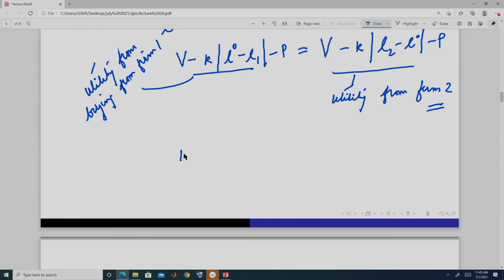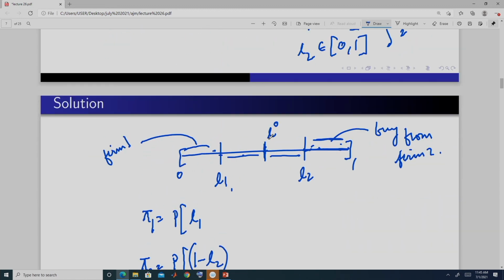If we do the simple manipulations, we get this equal to this, and since the absolute values are always positive, we can say L naught is going to lie somewhere here.